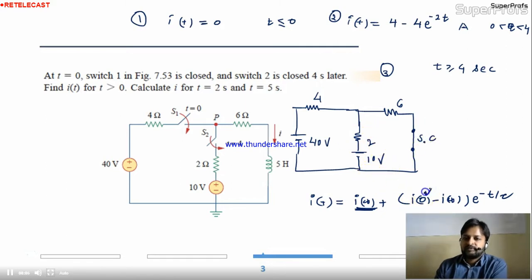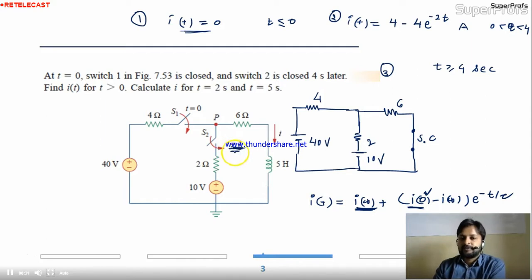But what about I0? I0 is not this one, okay? For this circuit, I0 is nothing but the current at exactly t equal to 4 second, because at 4 second we are closing the switch.